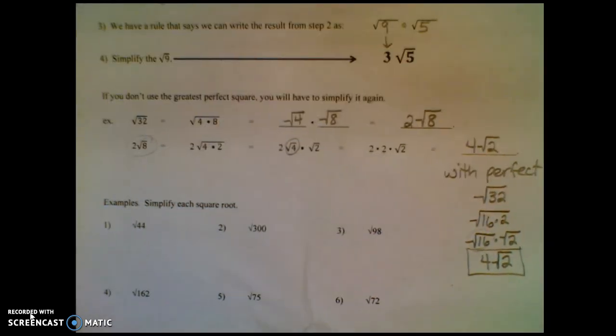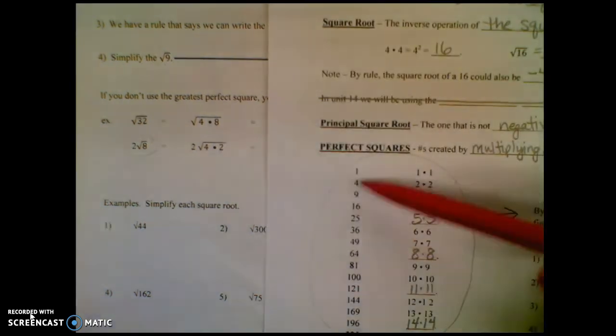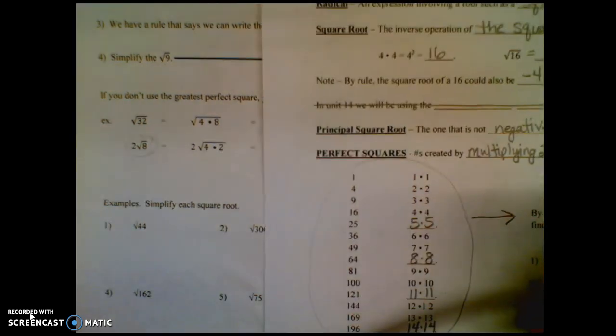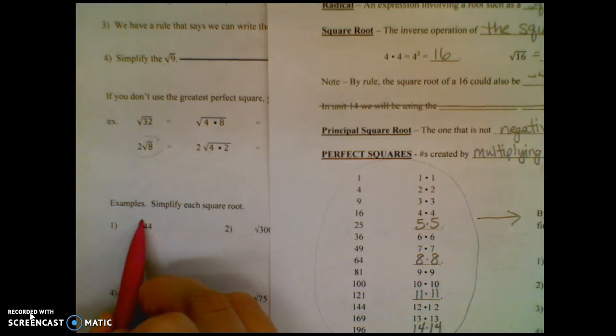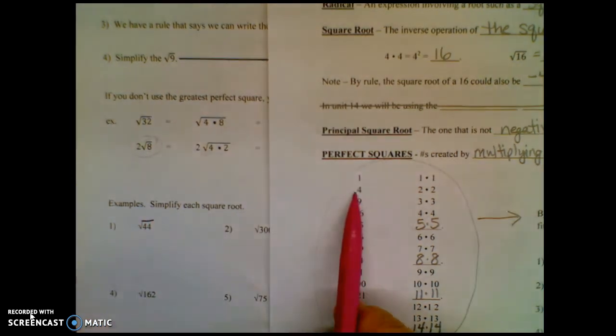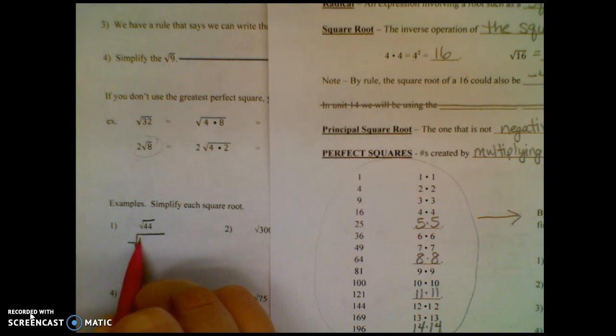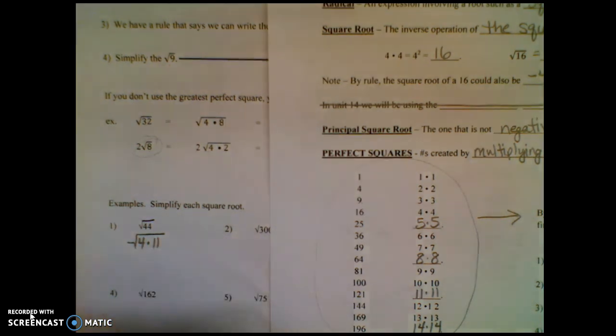So what you are doing is you are always looking at this list to see what can multiply to be the root that you're trying to get. So the square root of 44 breaks into perfect square 4 and 11.